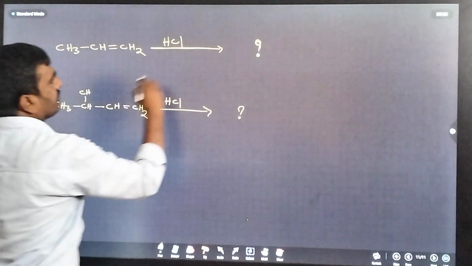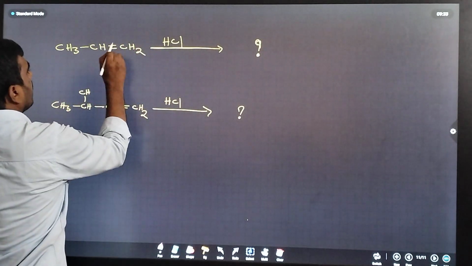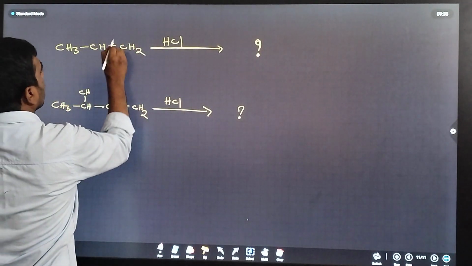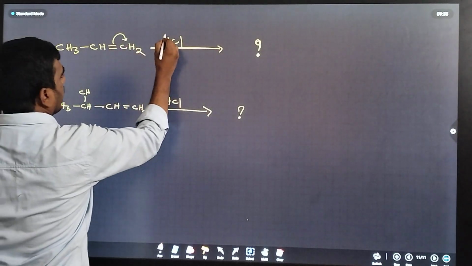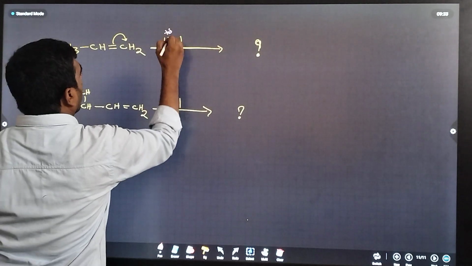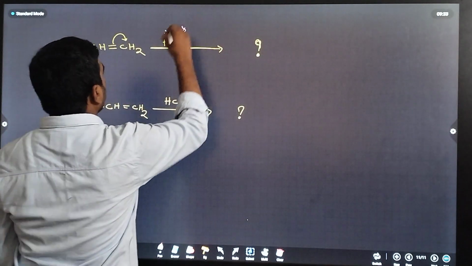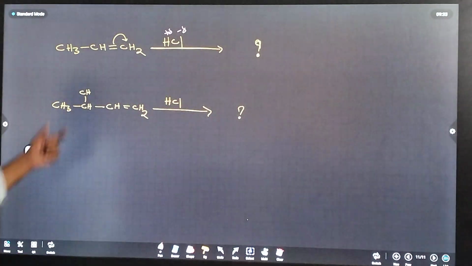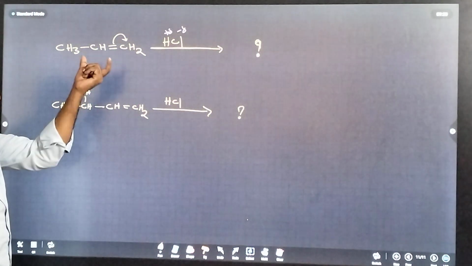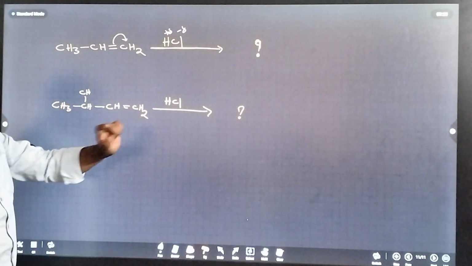So I can write the first one. Here the electron displacement is towards here, H plus and Cl minus. The alkene undergoes an electrophilic addition reaction, that means this reaction is initiated by an electrophile.